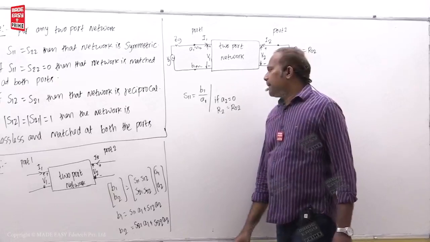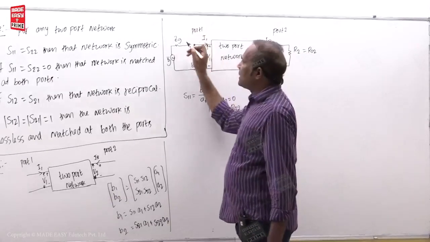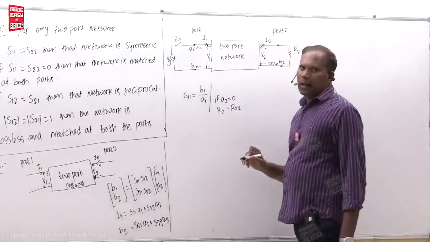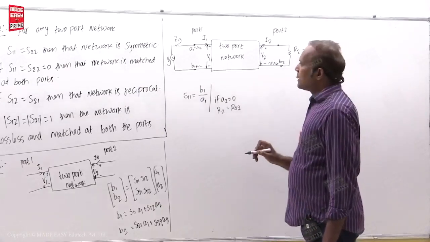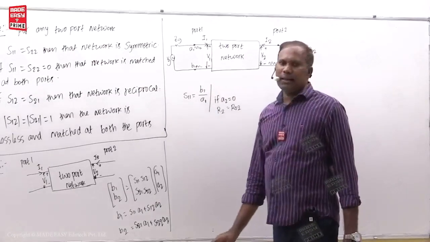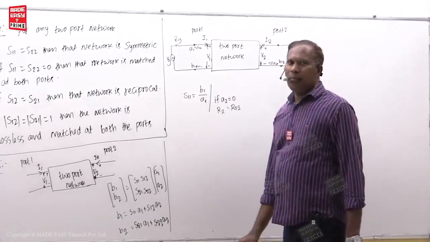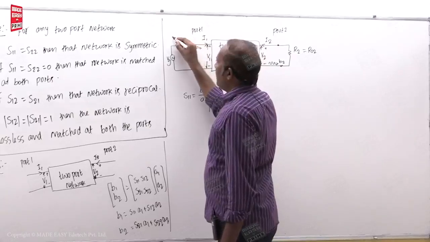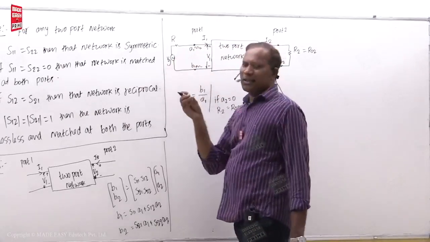Now similarly, whatever ZG is there is taken as R1. R1 means the terminating resistance at port 1. That is called R01, the reference impedance at port 1. For example, VG will have some resistance, students.